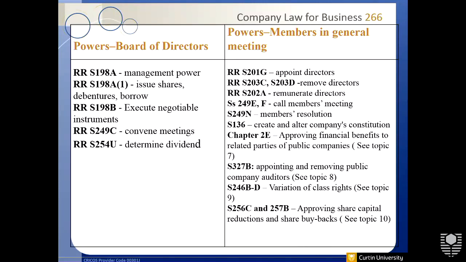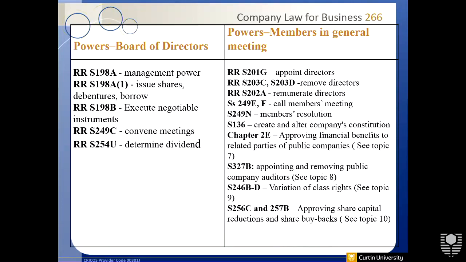Yes, the member can do so because that section provides that, notwithstanding whatever is said in the Constitution or any agreements that may have been entered into with that director, a member can still remove the directors.